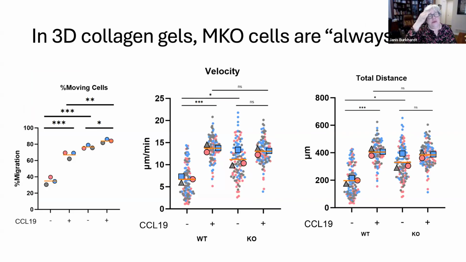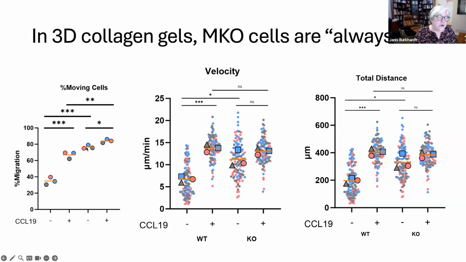But where things got really interesting is when we put them into 3D collagen gels. So first we looked at what percentage of the cells are moving. And in the collagen gels, I should say, there's no integrin ligand. And this really allows us to isolate this chemokine response. So here's the wild type cells with the percentage of moving cells without CCL19. And then when we add CCL19, so many more cells move.